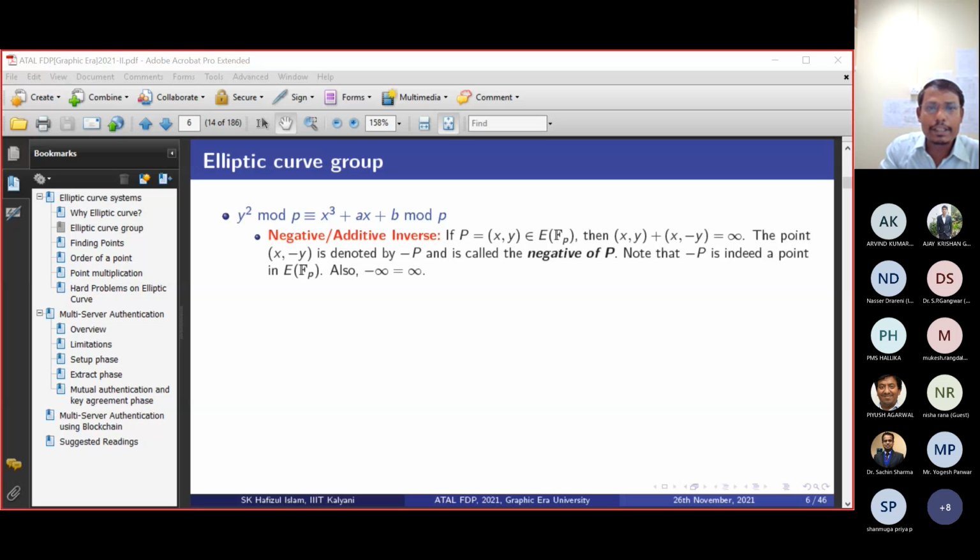If P is a point (x, y), simply take the reflection of the point with respect to the x-axis. This is the x-axis, this is the y-axis. So this is called the negative of P. If this is P, the reflected point is (x, minus y), and this is called the negative of the point.